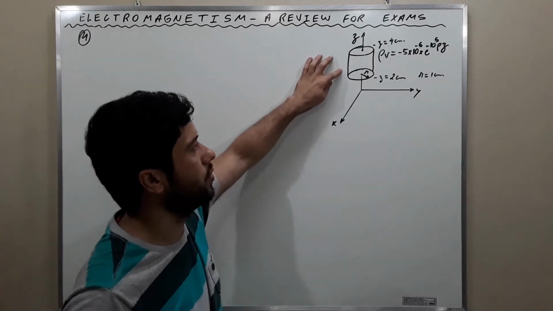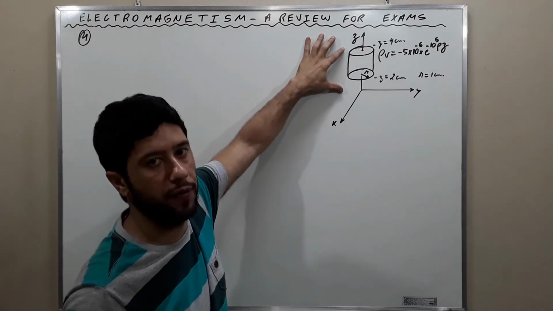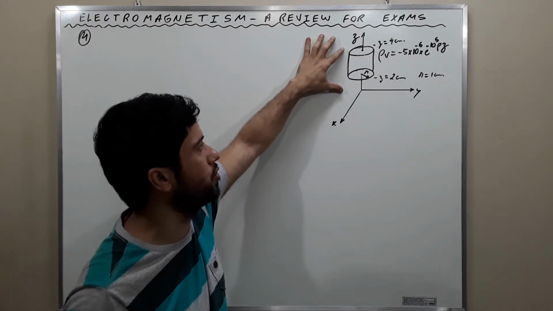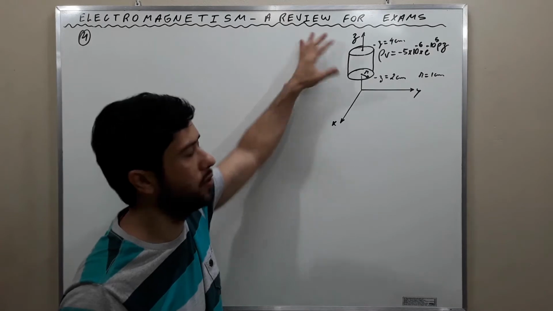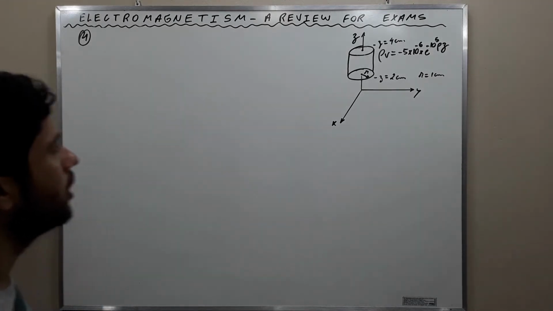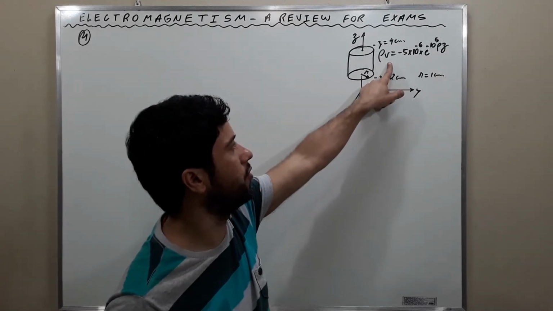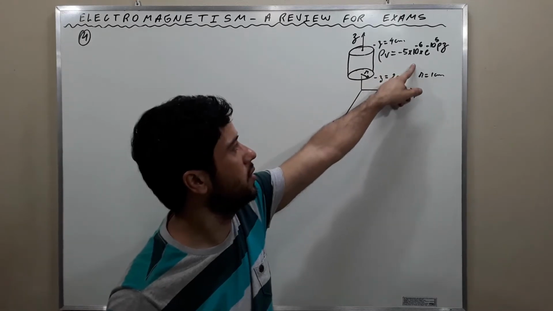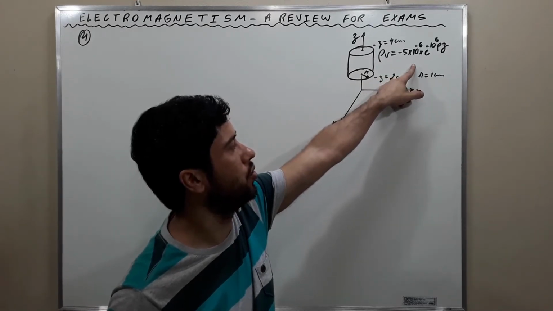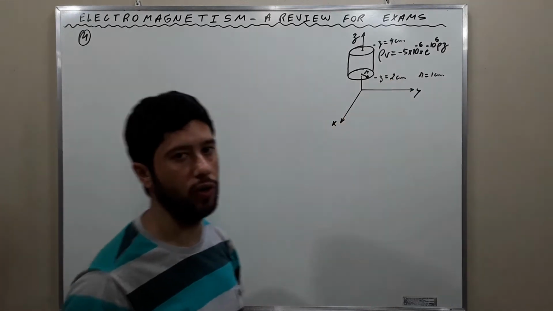So this is the electron beam, and the length of the electron beam is 2 centimeters as expressed here by the height of this cylinder, and the volume density of charge is negative 5 times 10 to the negative 6 times e to the negative 10 to 5 rho z.